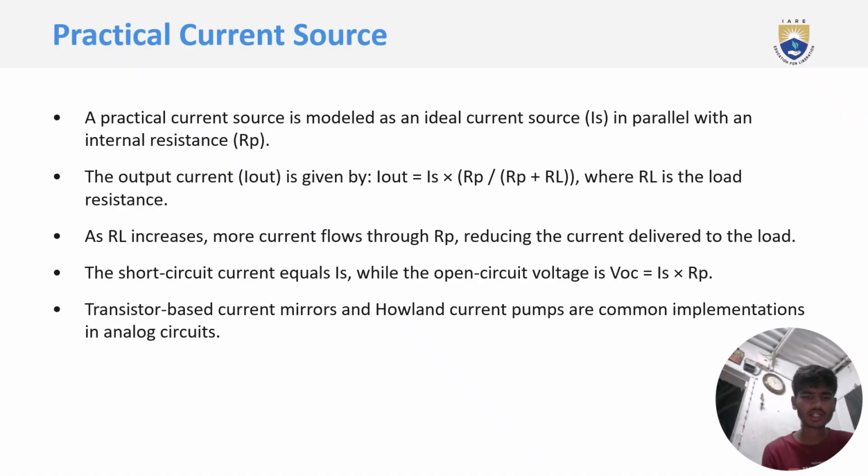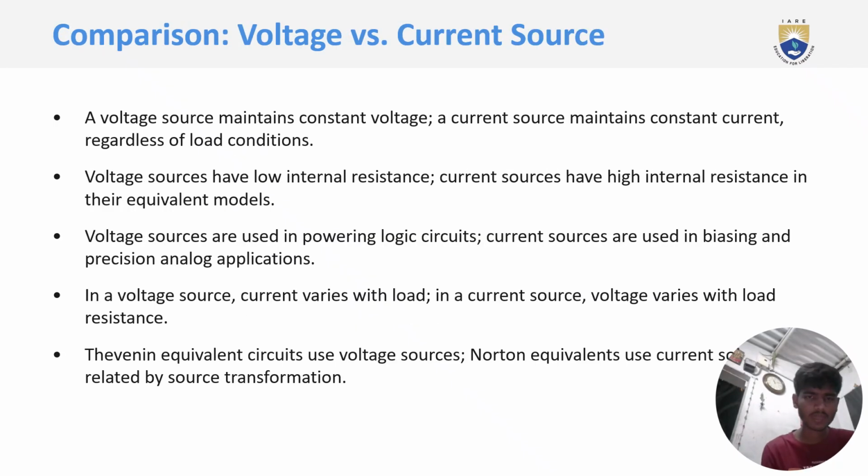As RL increases, more current flows through Rp, reducing the current delivered to the load. The short circuit current equals Is, while the open circuit voltage is equal to Is times Rp. Transistor based current mirrors and Howland current pumps are common implementations in analog circuits.